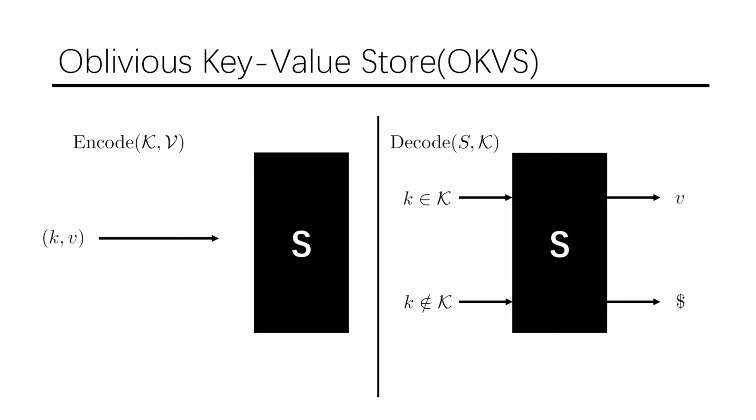If we probe S on keys outside the set, we learn some value that we don't care about. When the associated values are random, it's indistinguishable whether the value obtained by probing the object S is on an encoded key or some other key outside the set. It makes the key-value store oblivious.